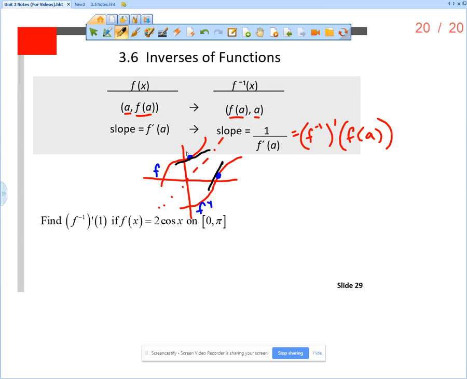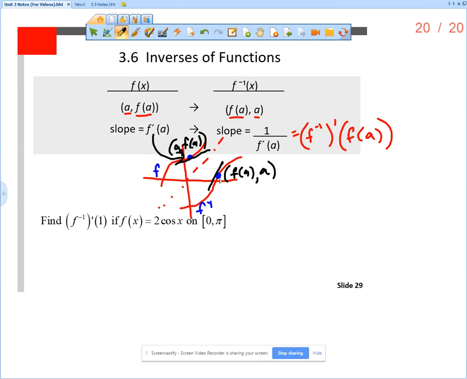So the key here is that the point on the left is (a, f(a)), and the point on the right then is (f(a), a), right? The x and y switch. So it's important to note that the derivative on the left would be f prime of a.